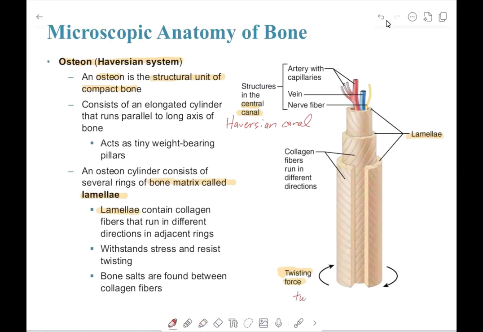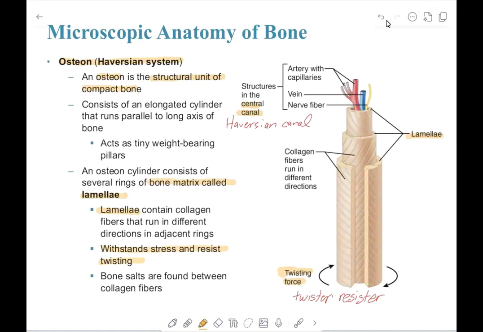So it's oftentimes considered a twister resistor, which explains how bone, especially compact bone, can be so incredibly strong. It withstands stress and resist twisting. And then bone salts are found between those collagen fibers.